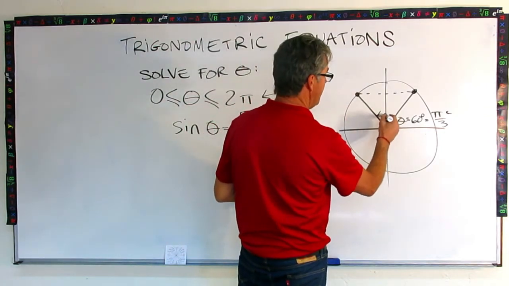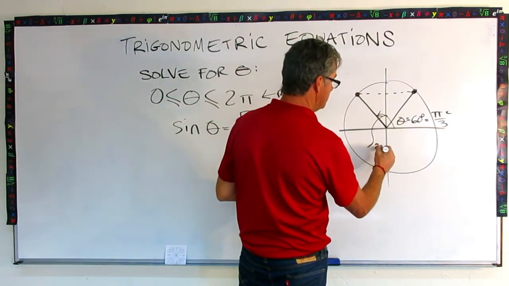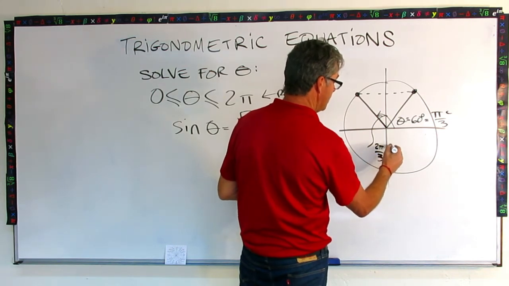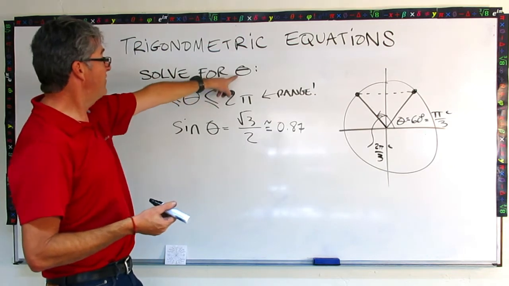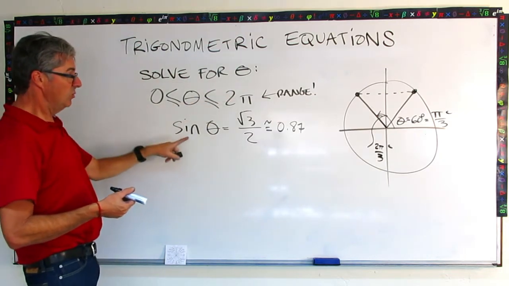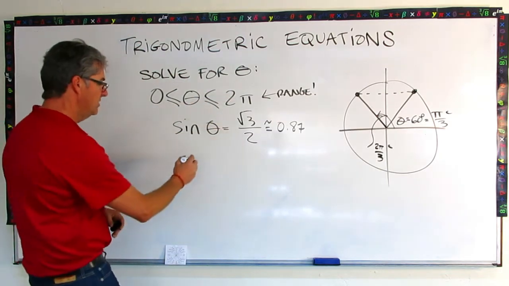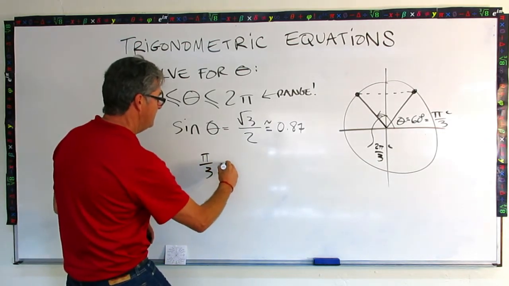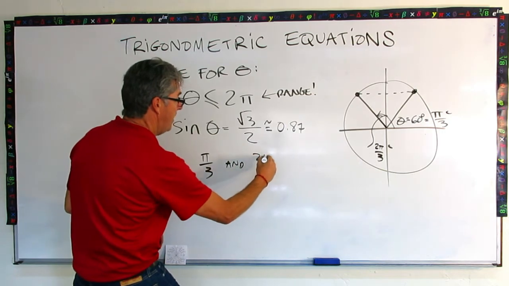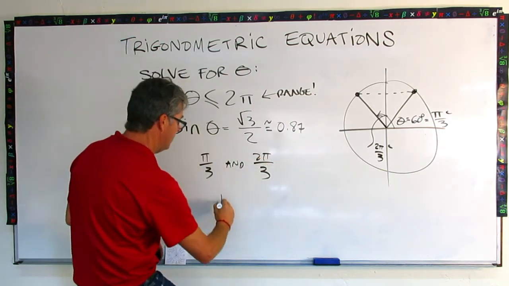So let's say theta 2, that one is 2 pi over 3 radians. Okay? So those are the two values of theta in this range when sine theta is root 3 over 2. So we could say it's pi over 3 and 2 pi over 3 radians.